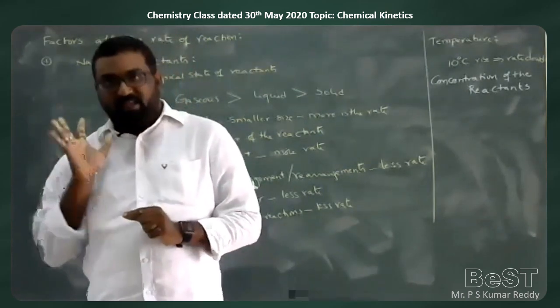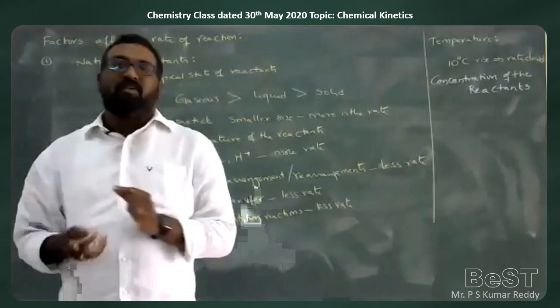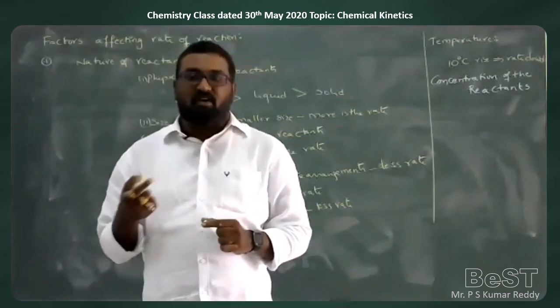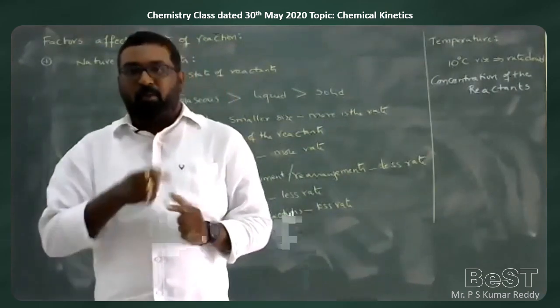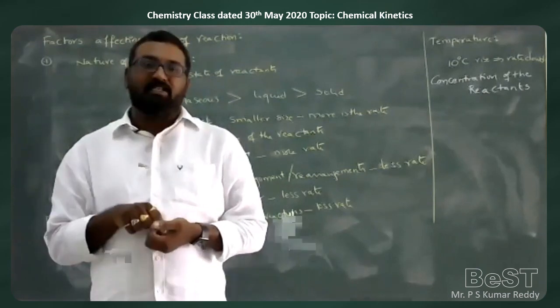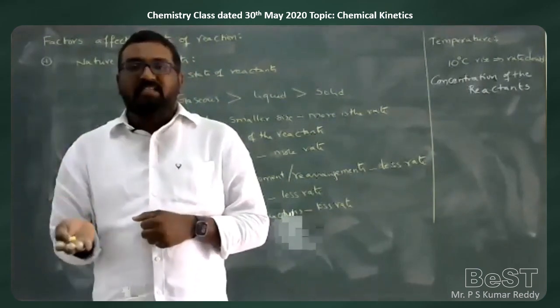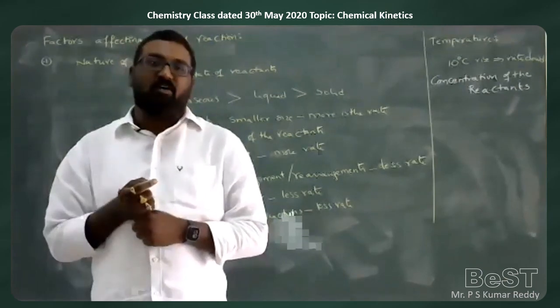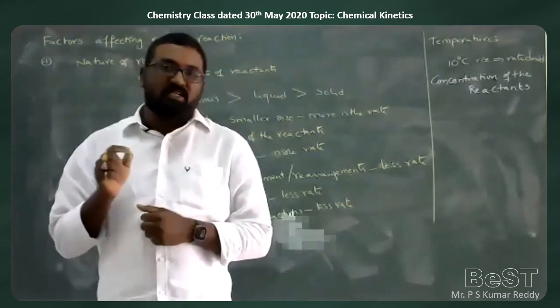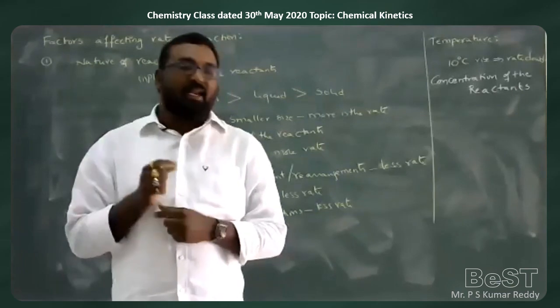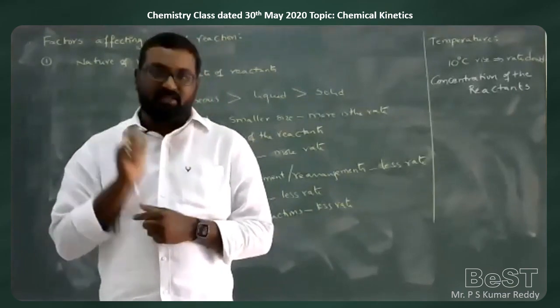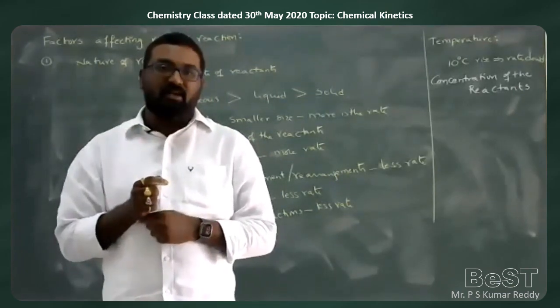There, you particularly studied that when we increase the concentration of the reactants, products are formed very easily. That is to say, the rate of the reaction will increase as we increase the concentration of the reactants.